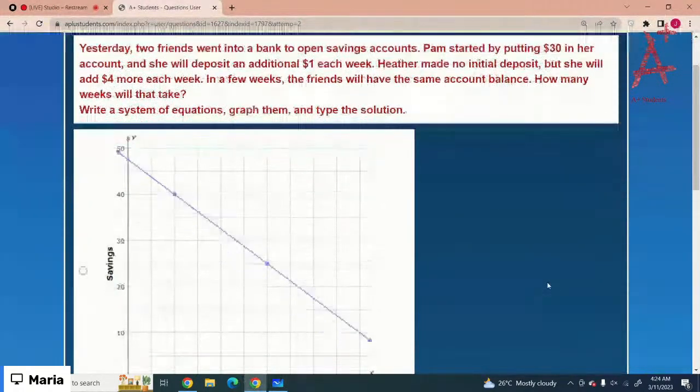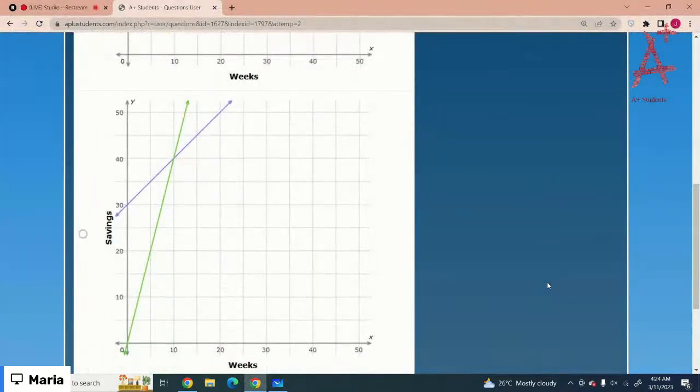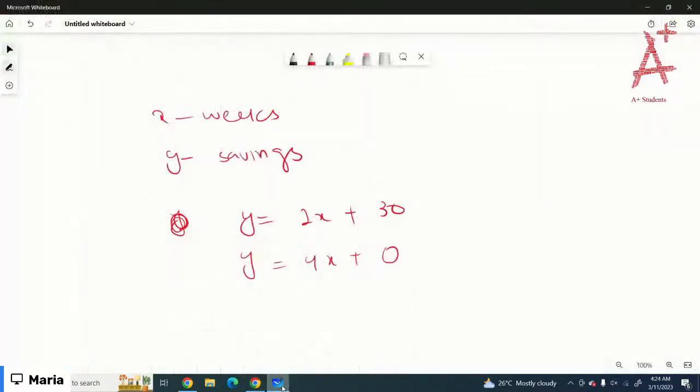Okay, so we have to plot the equations on the graph and then find the solution for both equations. y equals 1x plus 30 and y equals 4x plus 0.